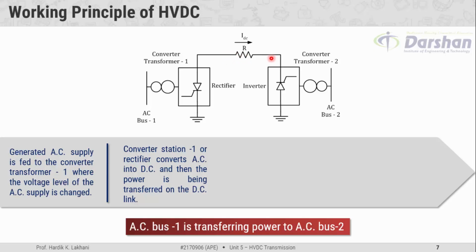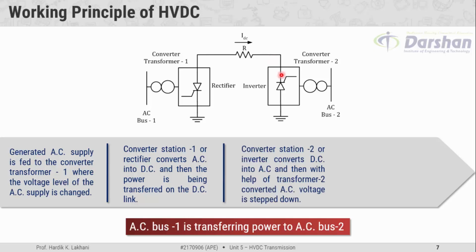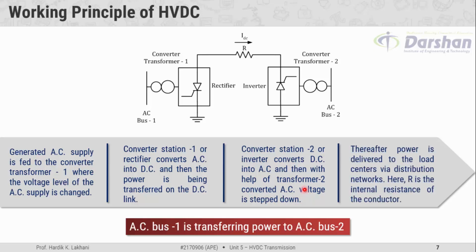At the inverter station, the power which is provided by the DC link is converted into AC and that AC power is fed to converter transformer 2. The task of converter transformer 2 is to step down the AC voltages and finally the power is delivered to the load centers via the distribution network present over here.